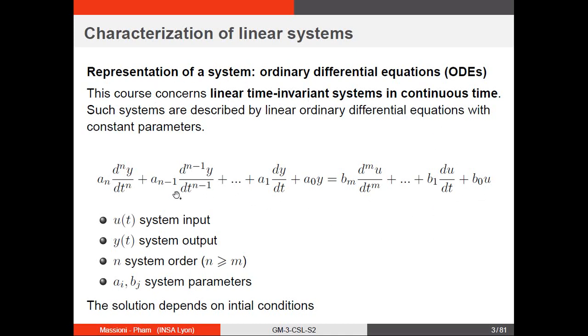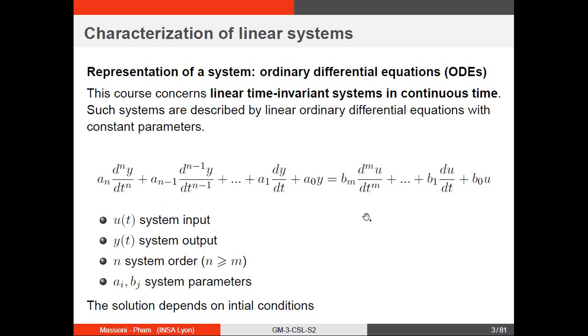In this standard ordinary differential equation, you have derivatives with respect to time of order 0, then 1, 2, etc., up to order n of the variable y, and then derivatives 0 to m of the input variable u.